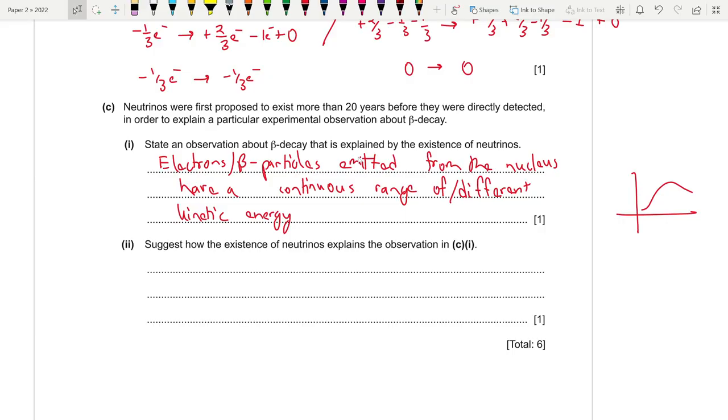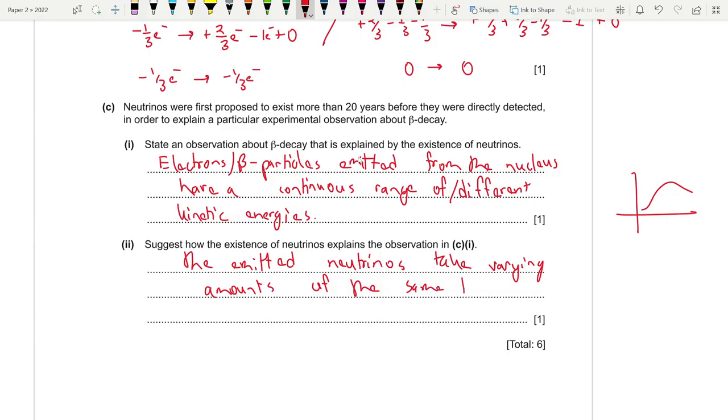Why does it have high KE sometimes and low KE sometimes? Because the emitted neutrinos, the antineutrino, take varying amounts of the same total energy released in the decay.